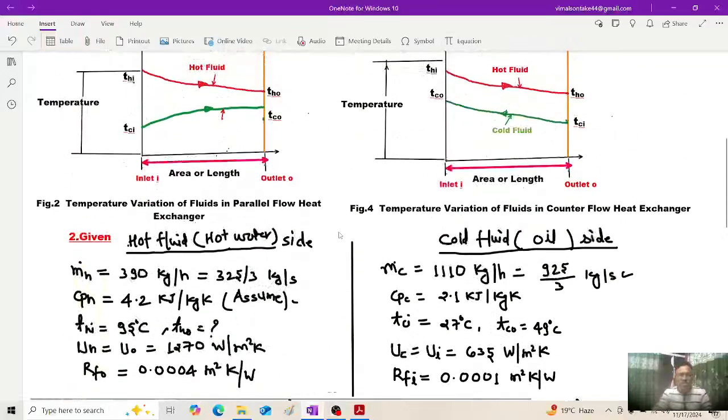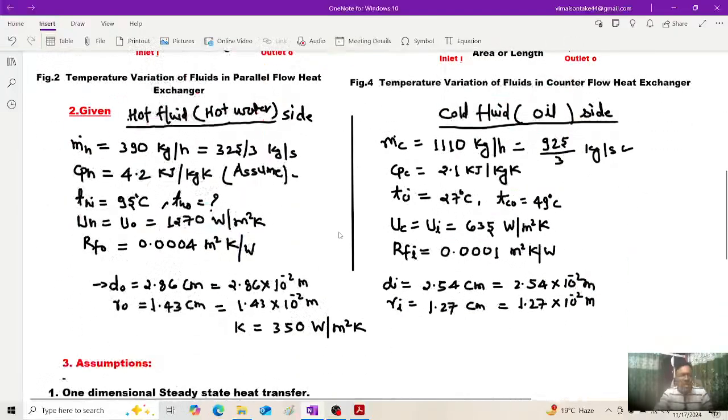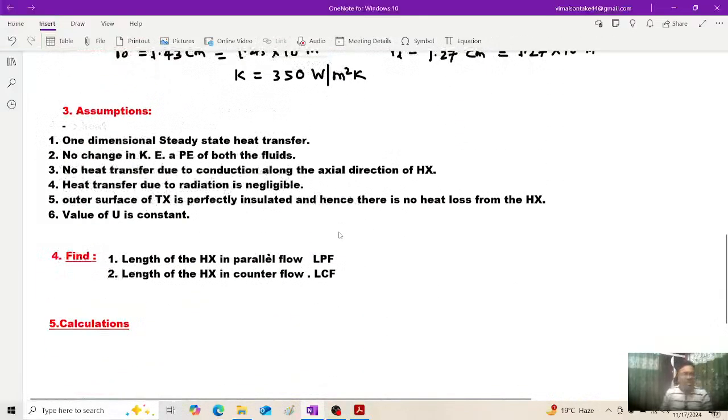So after drawing the required schematic representing all the parameters, and after enlisting all the given values, let us make some assumptions. These are the same assumptions which are considered during the derivation of relations for LMTD for parallel and counterflow heat exchangers. Assumption number 1 is one dimensional steady state heat transfer. Assumption number 2, no change in kinetic energy and potential energy of both the fluids.